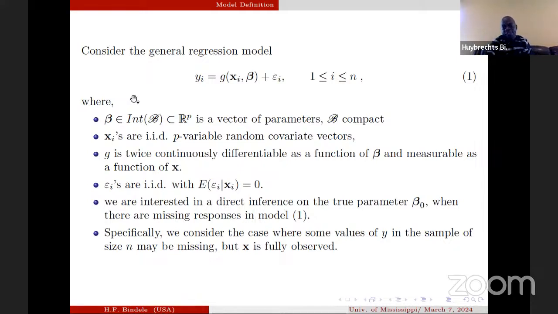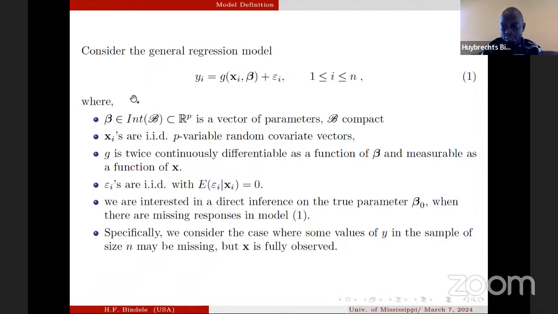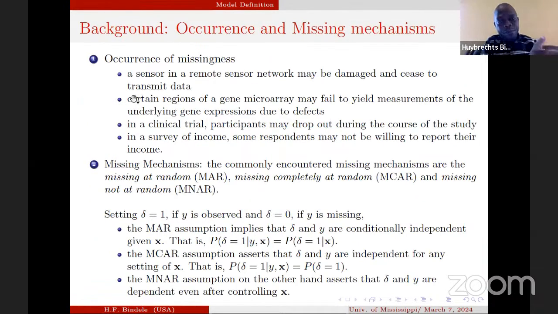So mathematically, what that means, if we define an observation indicator that I call here delta to be 1 if the outcome is observed, and 0 if the outcome is missing. Okay, so we can define the probability of observing the outcome as pi of xi, which is the probability of delta equal to 1, given the data, y and x.